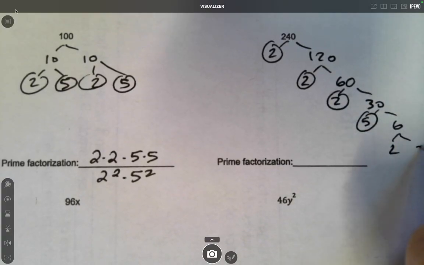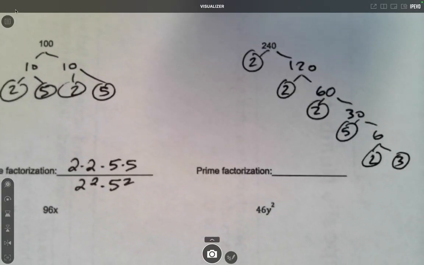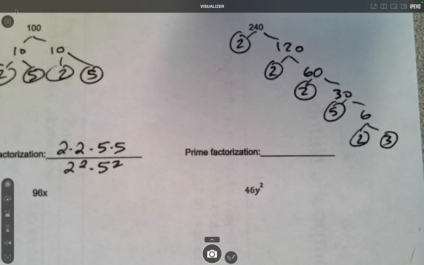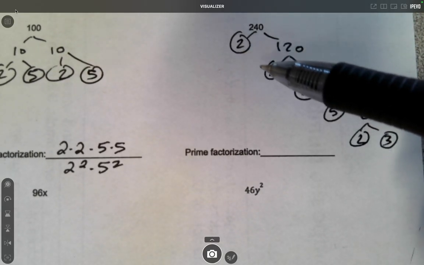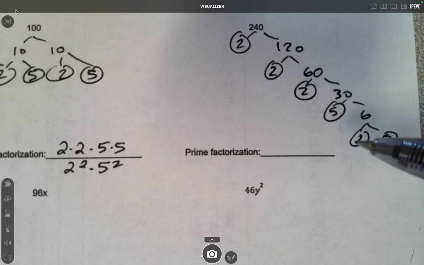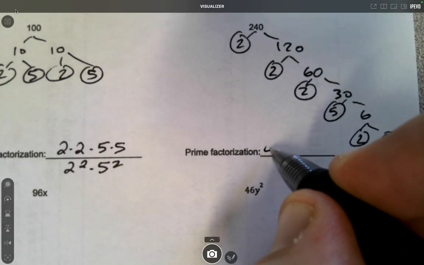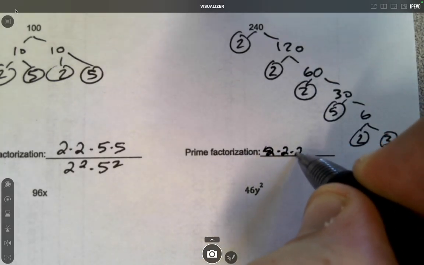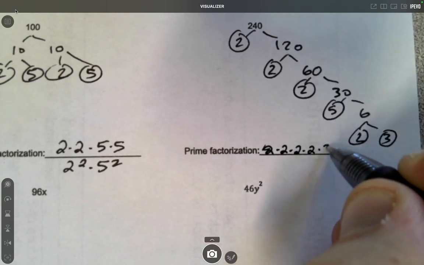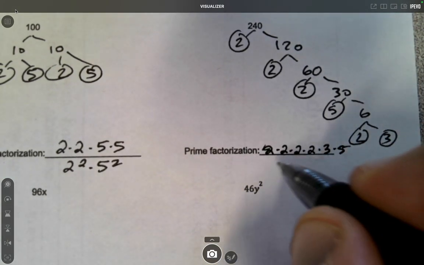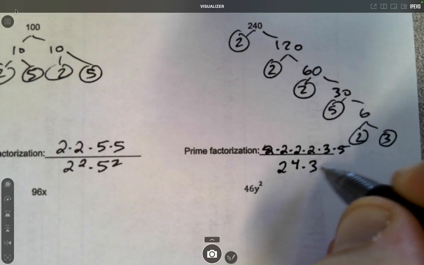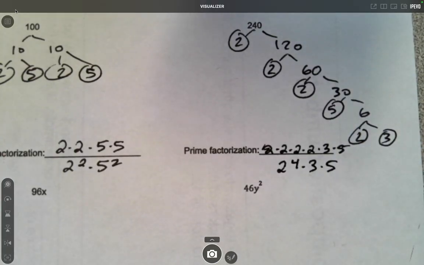And 6 is 2 times 3. So if you look, we have a total of 1, 2, 3, 4 2's, 1 3, and 1 5. Or we could write it as 2 to the 4th times 3 times 5.